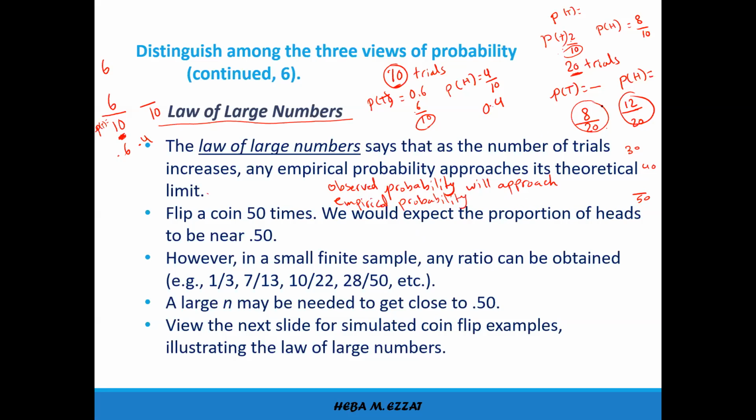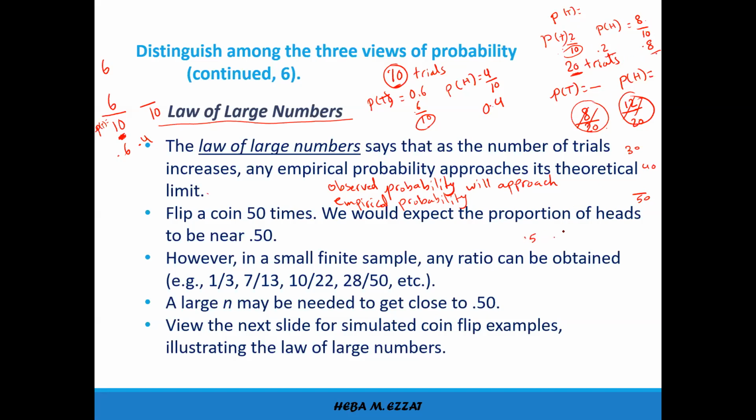So here, for example, forget about the 20. The output was 2 divided by 10 and 8 divided by 10, so it's 0.2 and 0.8 if it's 10 drawings. These results are far away from 0.5.